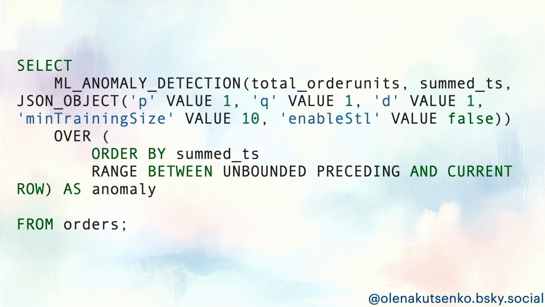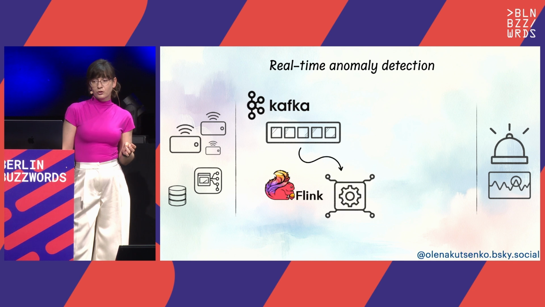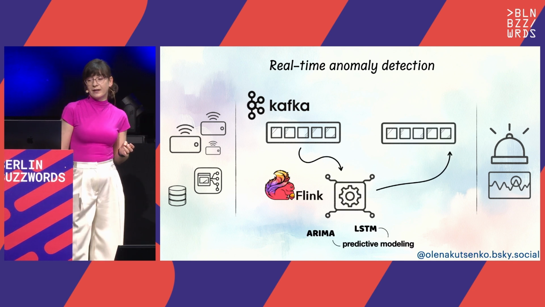We made it a first-class citizen in real-time streaming, but we also made a bunch of ML tools around it to make it more precise. This combines simplicity with a bit more power and abstracts away the complexities of buffering historical values, and so on. So this is what I wanted to show you using Kafka, ARIMA, LSTM, and Flink.